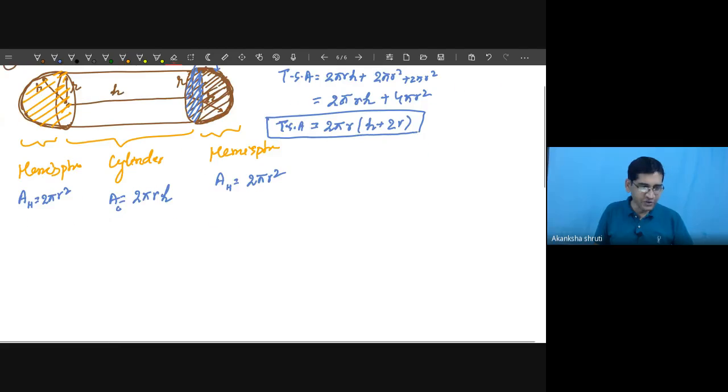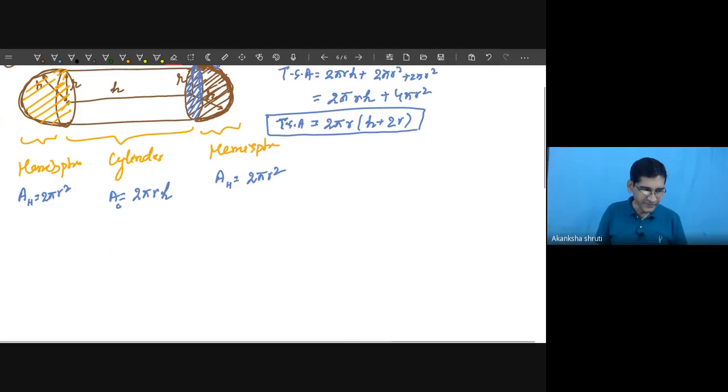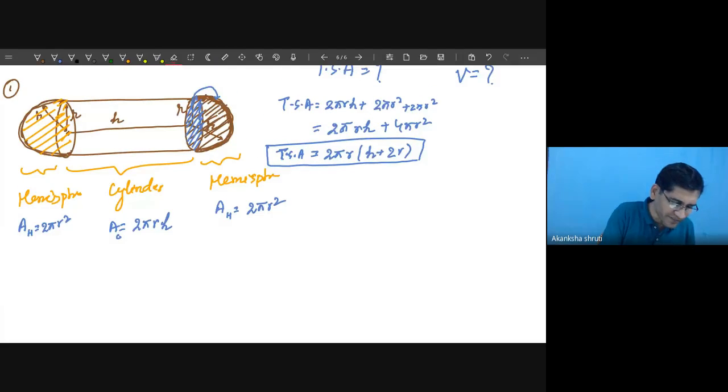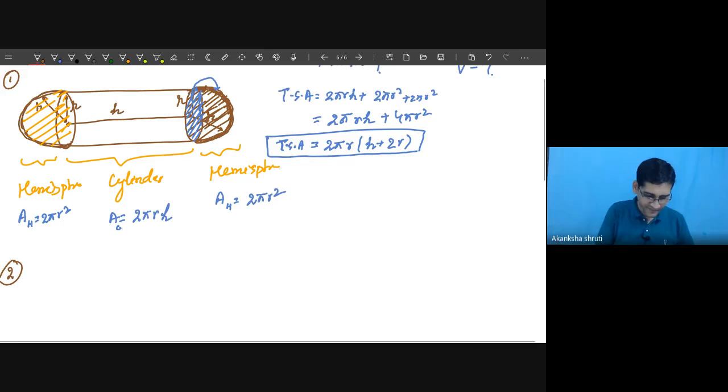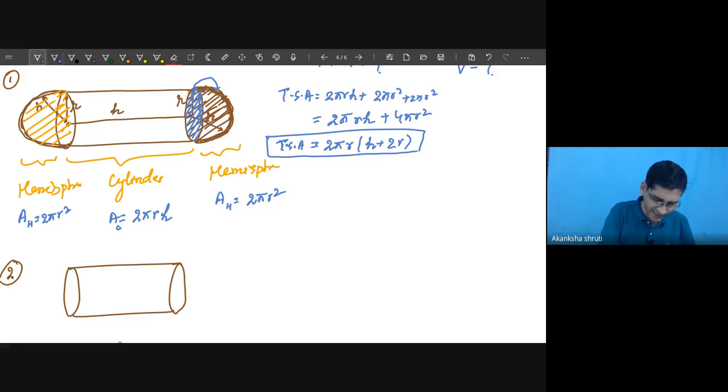So student, this way there could be any kind of combination. Let me take one more shape. Frustum is not there, so we shall leave it. If it is like this one, we may take this cylinder. For this cylinder, at one end we may connect a cone.